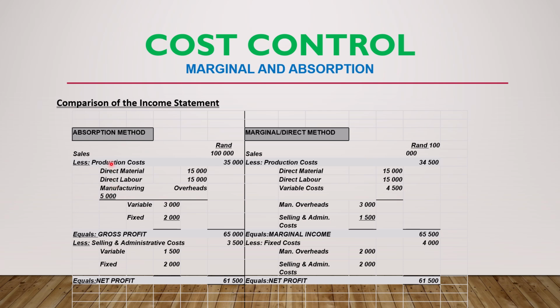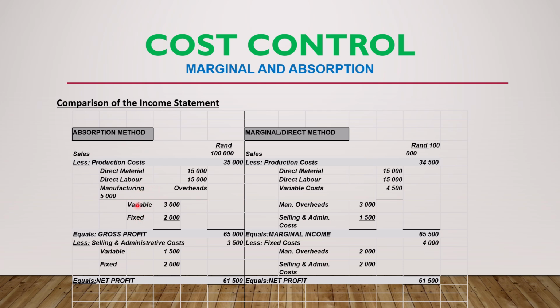Otherwise we would say sales minus cost of sales equals gross profit, but here we are dealing with the manufacturing or production business, so we have to show the production cost, which is made by direct labor, direct material, manufacturing overhead, of which manufacturing overhead is divided into fixed part and variable part.